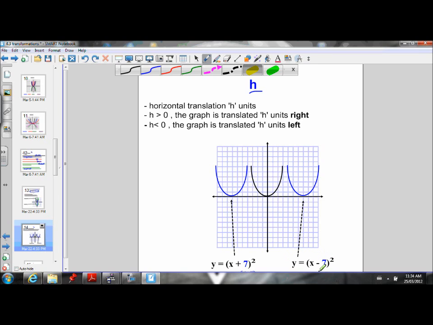This is the parabola that has moved to the right. x minus 7 squared is moving 7 units to the right, because the h value is positive 7, which is greater than 0, because we substituted positive 7 in for this h value.